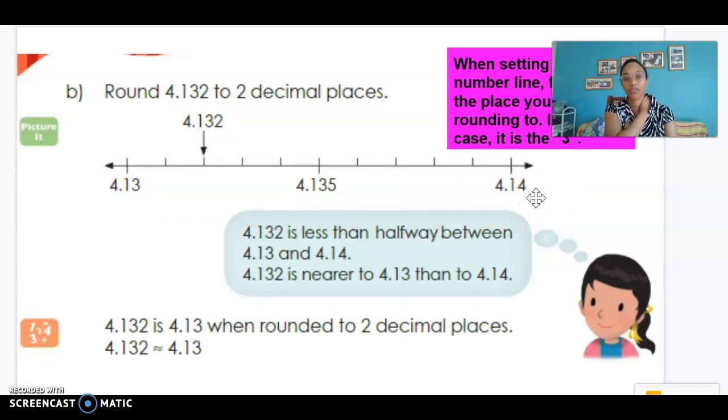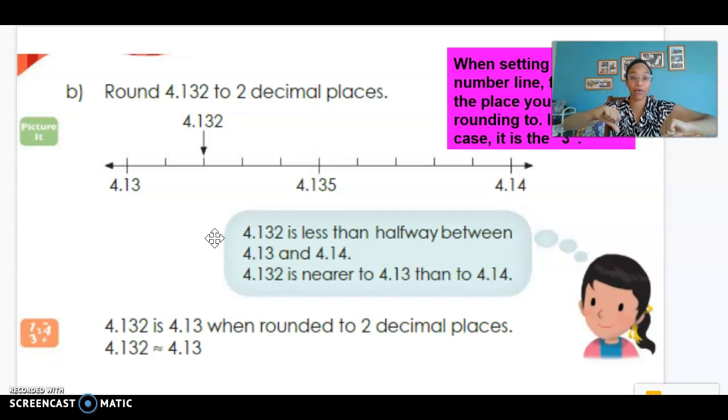So I'm trying to figure out if 4.132 is closer to 4.13 or 4.14. These intermediate dashes in between are separating this number line into 10 places, with 4.135 falling directly in the middle. 4.132 is less than halfway between 4.13 and 4.14. 4.132 is nearer to 4.13 than it is to 4.14.